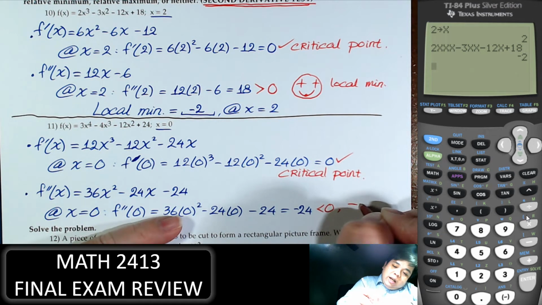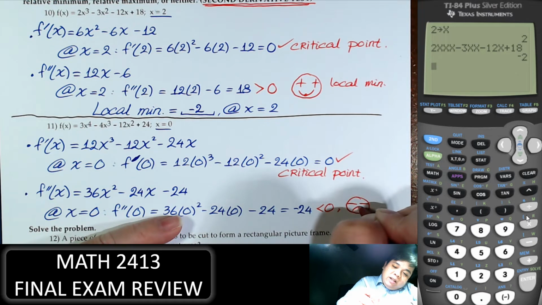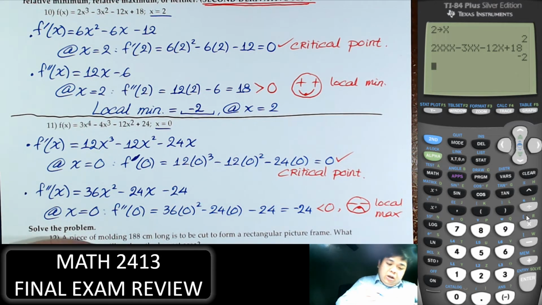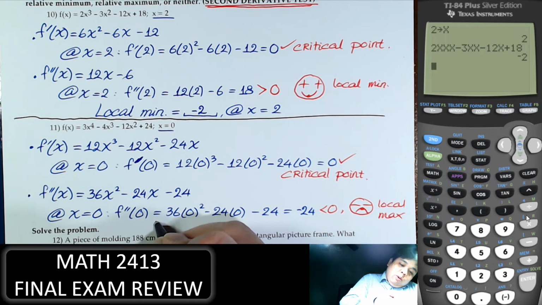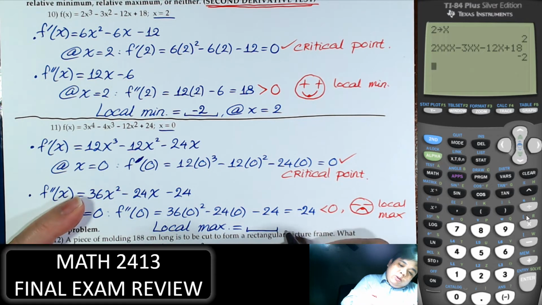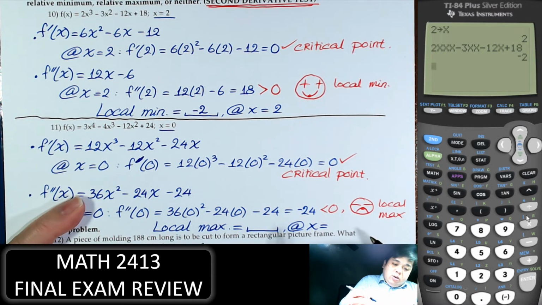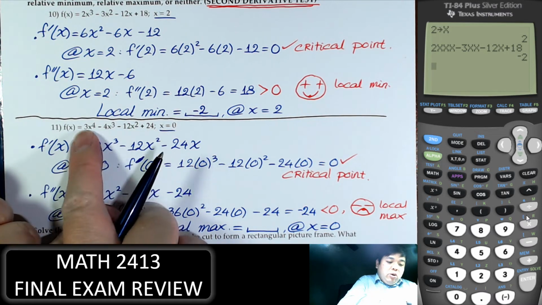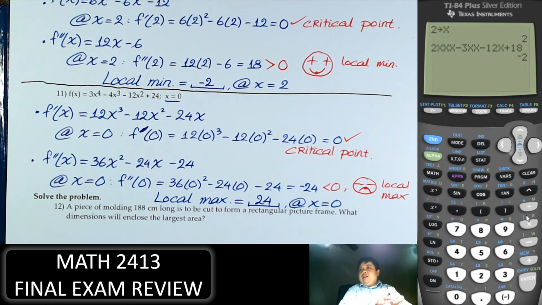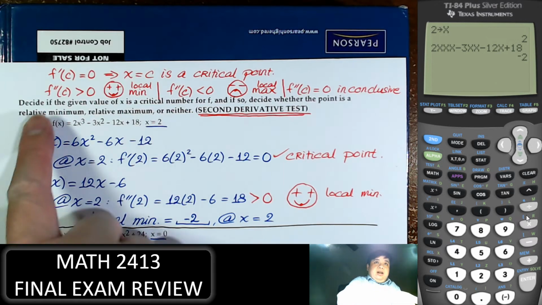So negative, the sad face, concave down, and so there's a local max. So we say local max at x equal to 0. Of course put 0 in here, so f of 0 is just positive 24. So that is the second derivative test, this part.